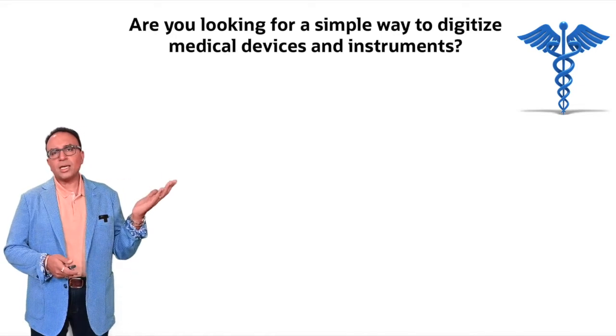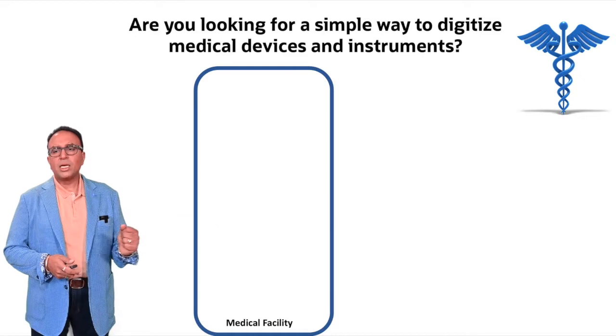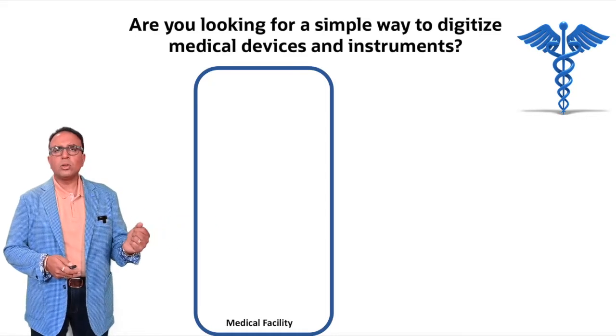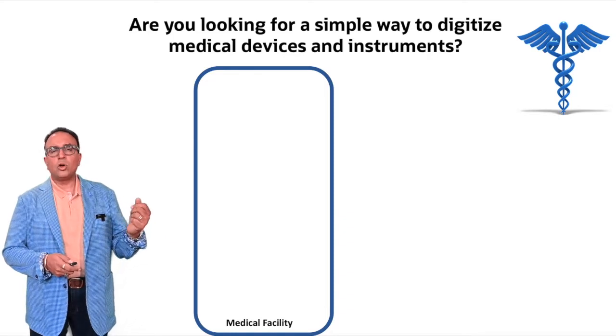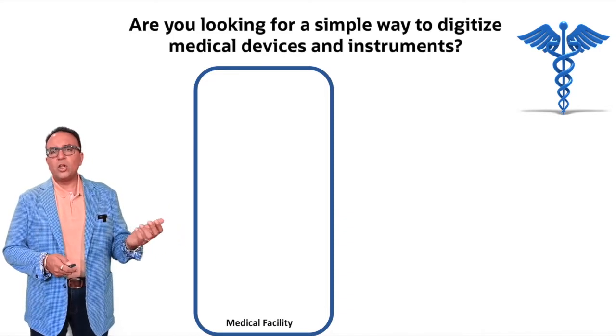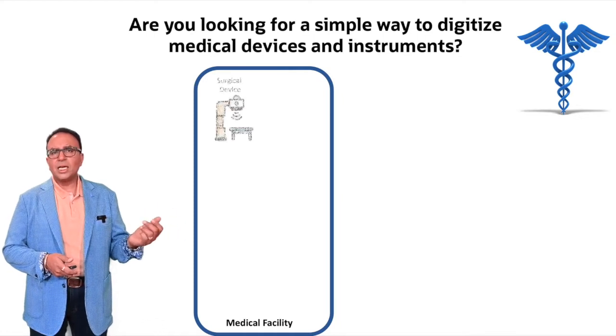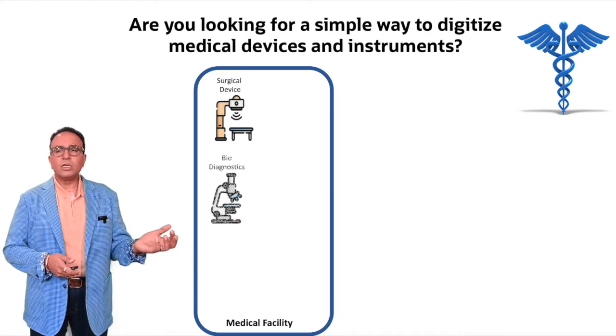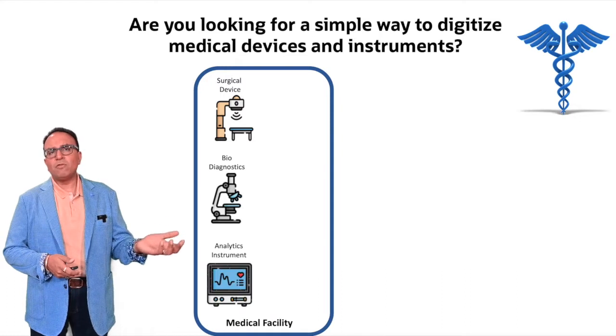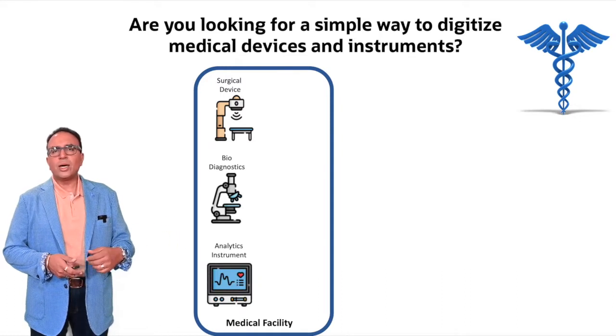So if you take a medical facility, maybe a hospital or maybe a laboratory or your own surgery, in that medical facility, you probably do have a number of appliances or devices which you actually use for patient care.